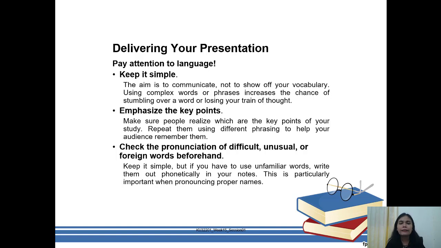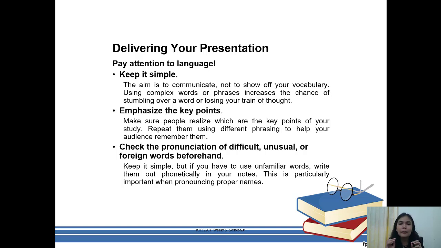Okay, and then after that, check the pronunciation of difficult, unusual, or foreign words beforehand. For some keywords that you think are going to be difficult to say, for example "user", some people may say it incorrectly.